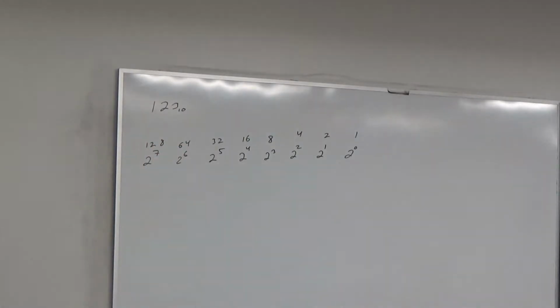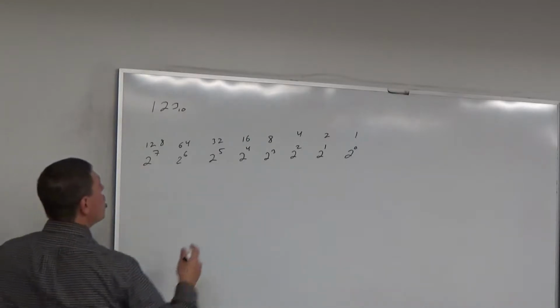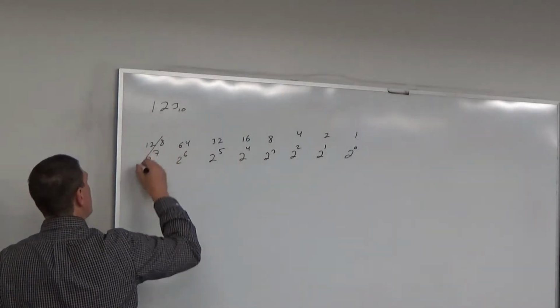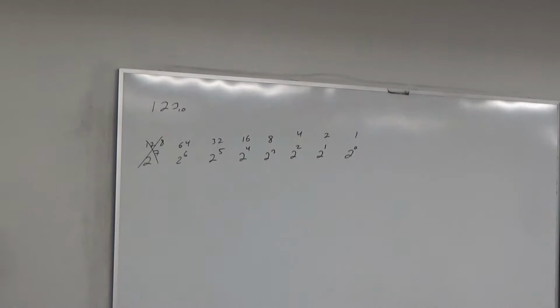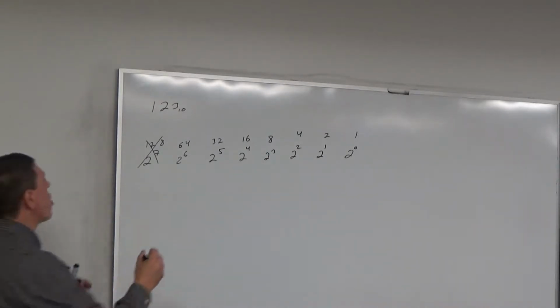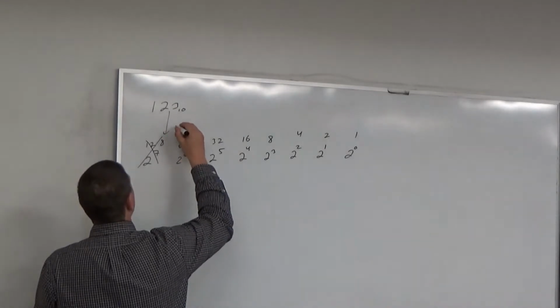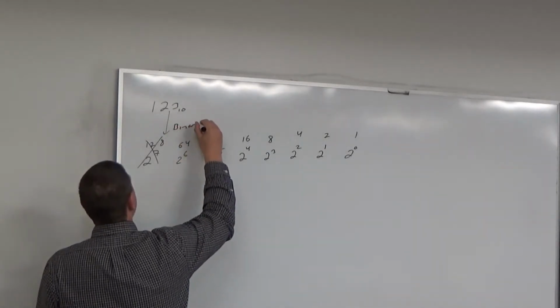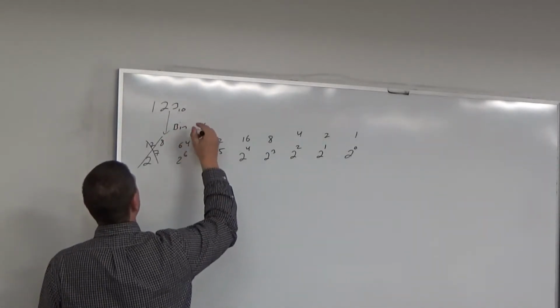As soon as I get to a number that's bigger than the number I'm trying to convert, that's where I stop. So I just keep writing out the powers of 2, and I know that it can't contain that bit. By the way, this is going from decimal to binary, so that way we know specifically which one we're looking at.